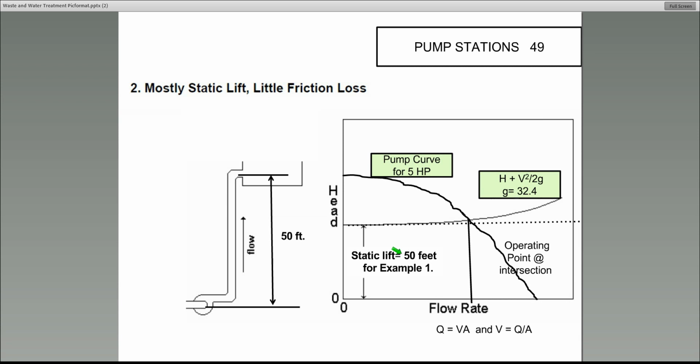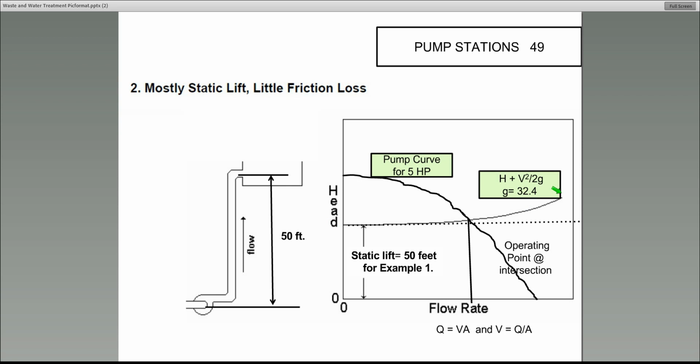Now here's a case where you have, let's say you have a pump here, you're pumping uphill. So you have a 50-foot static, so your horizontal line, or the 0 point on the y-axis, will be 50. And then your head plus friction loss would be this curve.